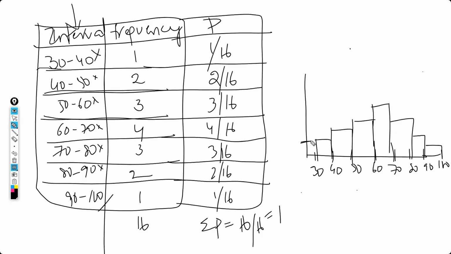The only difference is that earlier it was 1, but now it is 1 by 16 value. On the y-axis, 1 by 16, 2 by 16, 3 by 16 and 4 by 16. These are the y-axis values now.